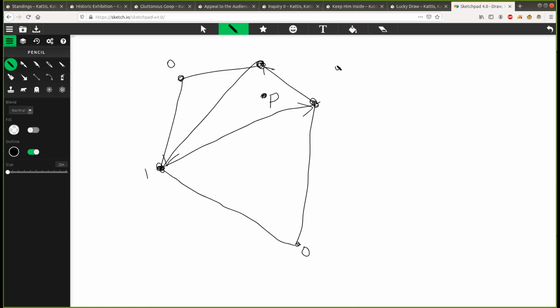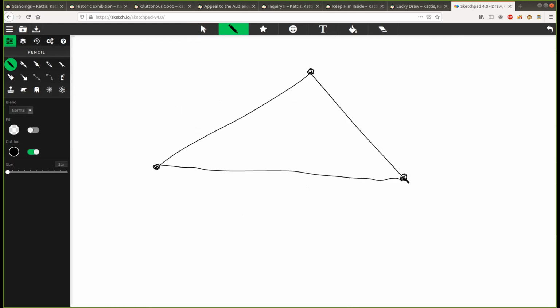And if it's outside, then it will be to the right of at least one edge. The cross product, one of the most common applications of a cross product in geometry problems is to check which side of a line a point is on. So you can use that for checking if a point is inside of a triangle.